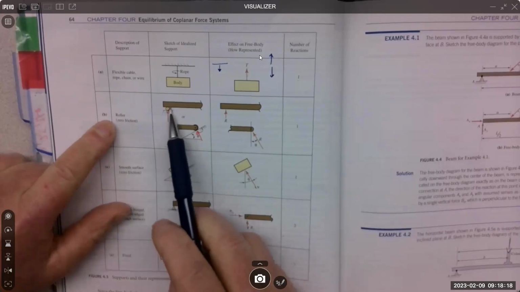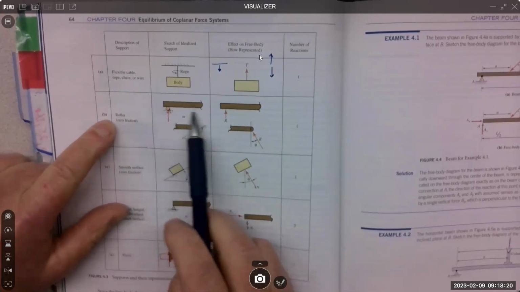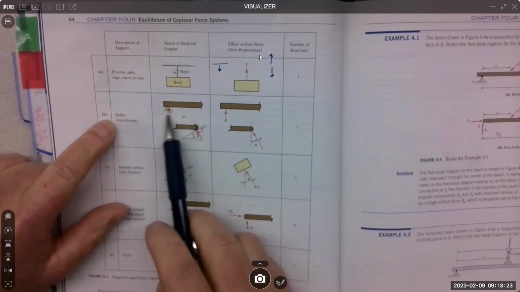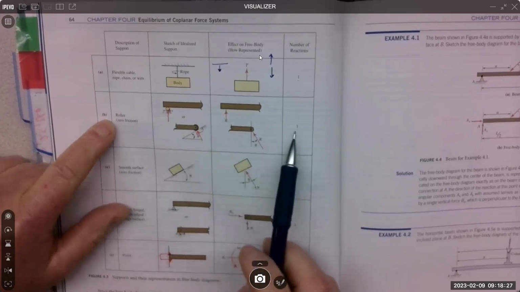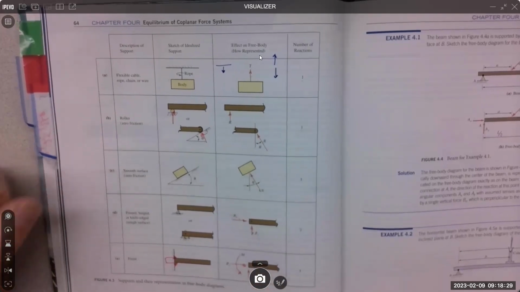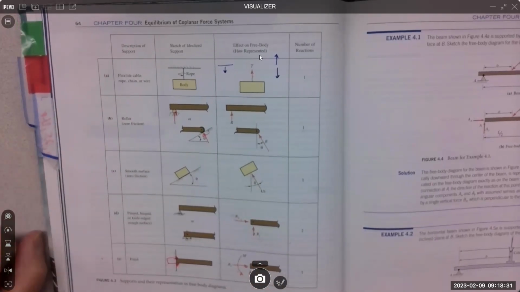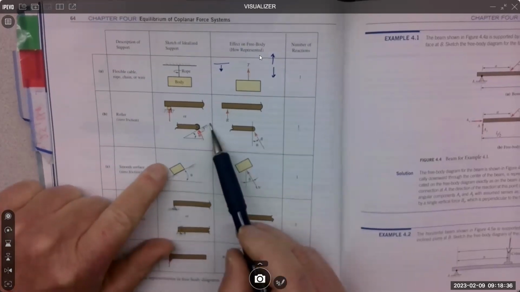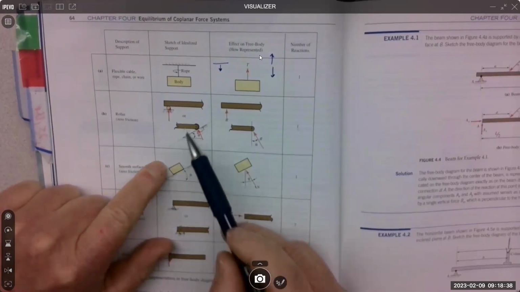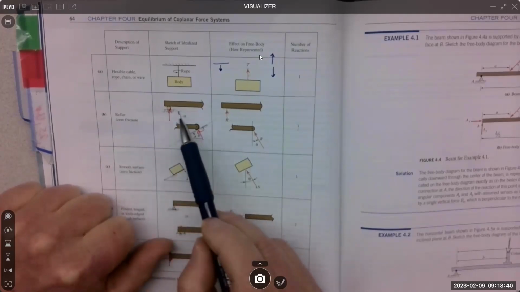A roller allows an object to move horizontally if it's a horizontal surface. So we can pull the roller out and it gets one reaction. Rollers get one. They are always perpendicular to the surface removed. So here's the surface. Here's the surface.